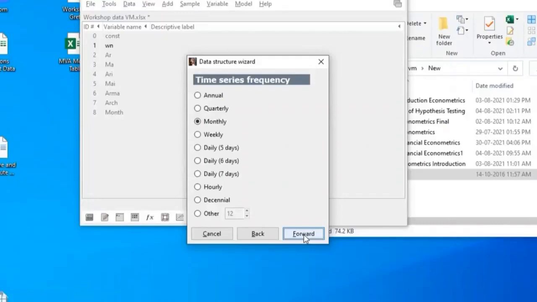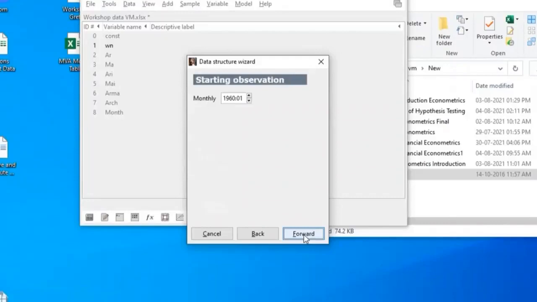Then here I am taking the data from 1960 January. You can change it if you want. No time is recorded for this data set. So I am just using this one. And then we click forward and apply. So we get it. Is it clear? Yes, sir.